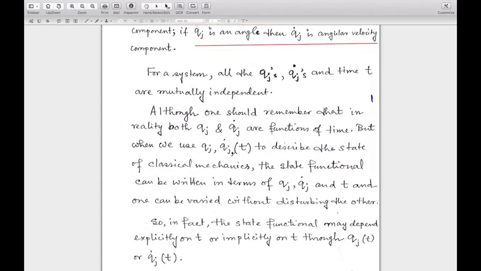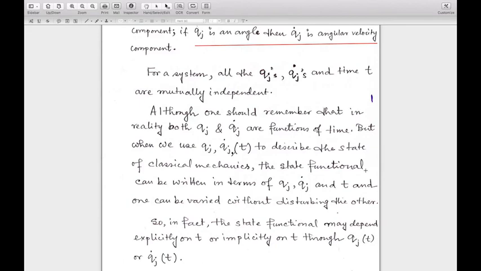Many questions may come here, that's why I try to clarify a bit. Although one should remember that in reality both q_j and q_j dot are functions of time. But when we use q_j, q_j dot and even t to describe the state functional of classical mechanics, which we will learn maybe in the next lecture, that is the Lagrangian, for example.